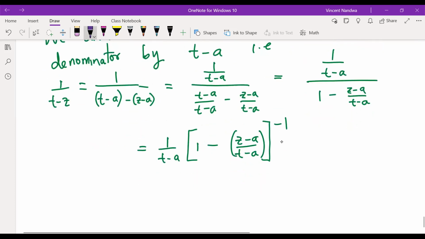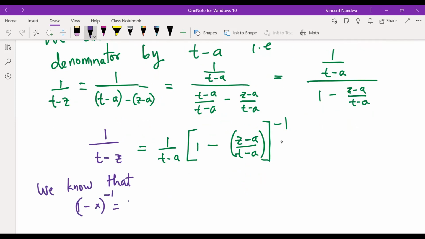So with this, we know that 1 minus x to the power negative 1 is the same as 1 plus x plus x squared plus x cubed plus x to the power 4 plus up to x to the power n.